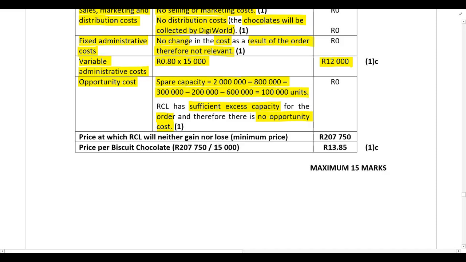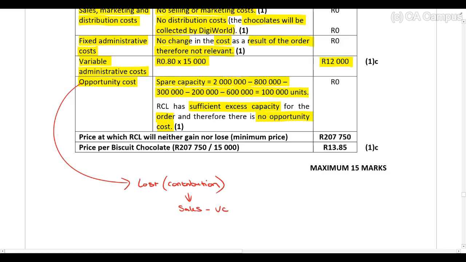Remember, guys, if they don't have enough capacity, so if they need to sacrifice some of their existing sales as a result of this order, how would you calculate the opportunity cost? It is always your lost contribution. So remember, contribution is sales less variable costs. That's how we calculate contribution.